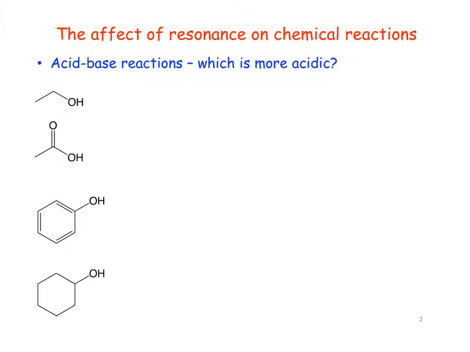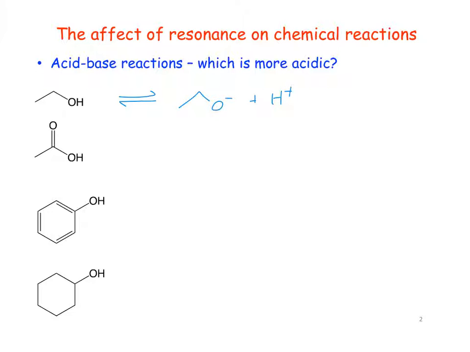The first one we started out this chapter talking about already, so we're pretty familiar with this one, right? In this first one, we'll just draw it out again. We know that this alcohol can dissociate to form what's called an alkoxide anion plus a proton.